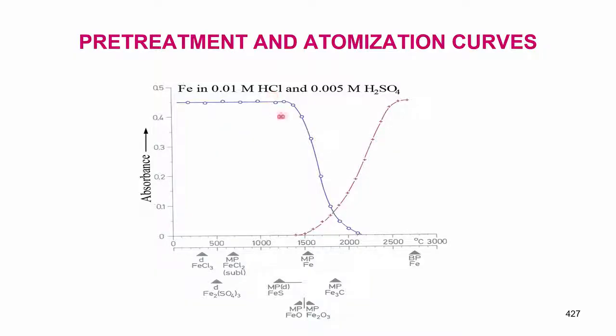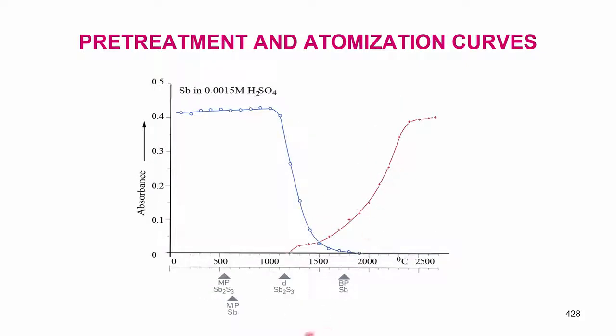So, for iron the optimum pre-treatment temperature is around 1500 and the atomization temperature is around 2500. Similarly, we have tried with antimony.